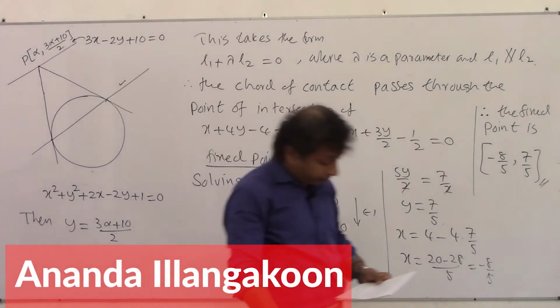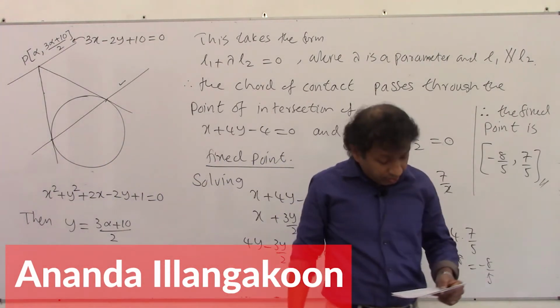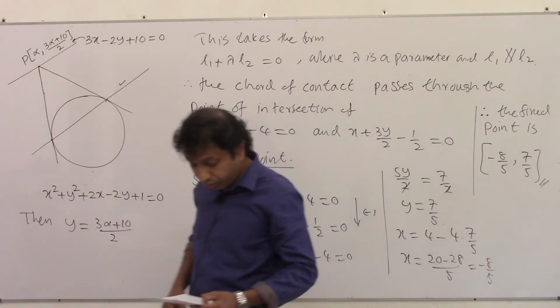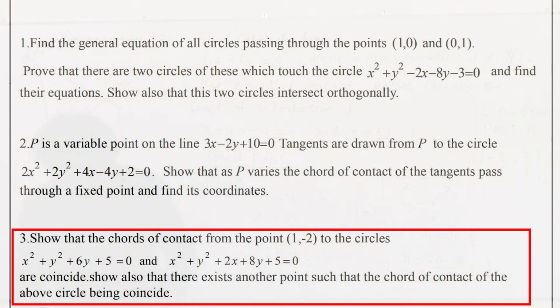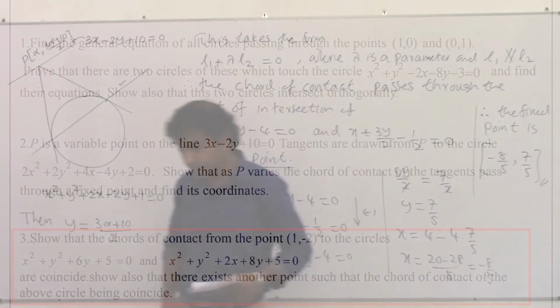Third question. Show that the chords of contact from the point (1, -2) to the circles x squared plus y squared plus 6y plus 5 equals 0 and x squared plus y squared plus 2x plus 8y plus 5 equals 0 coincide.